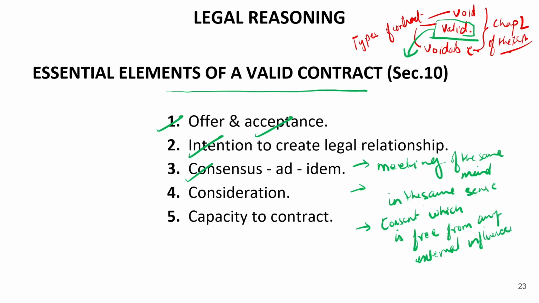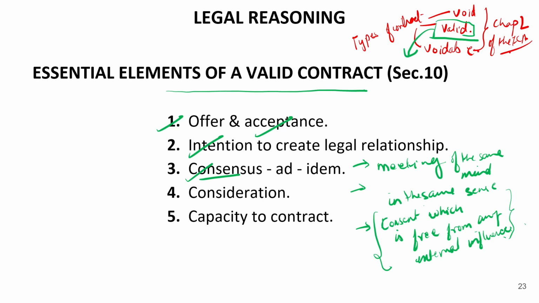What exactly do we mean by this? When we talk about consensus ad idem, the meeting of the minds, we are assuring that both parties to the contract, whoever is entering into it, are doing so by their own will, without any external pressure, with their own willingness to enter into that agreement, which can be enforced in a court of law and converted into a contract, and are not being governed by any external sources.